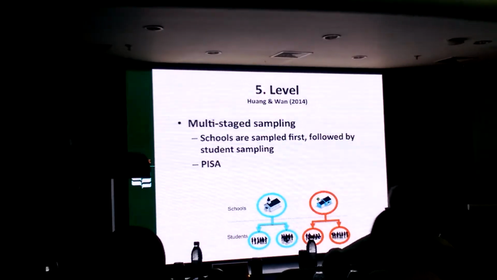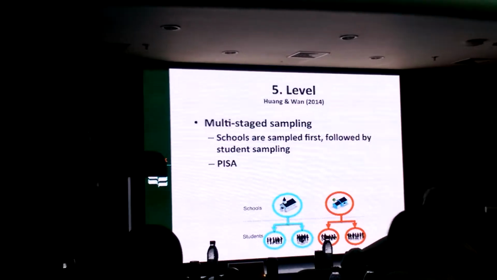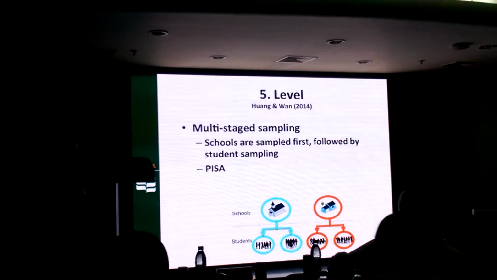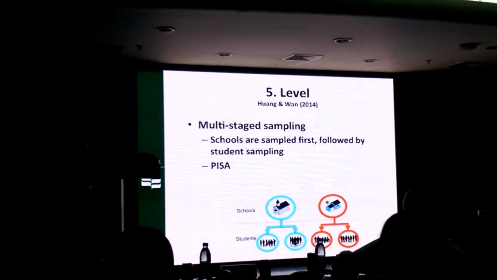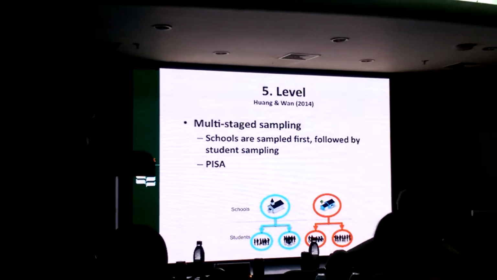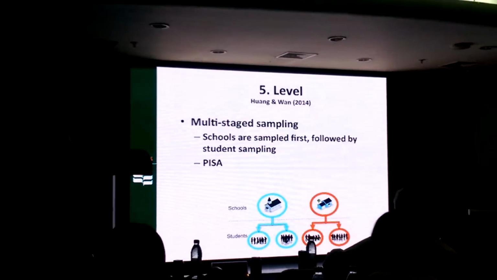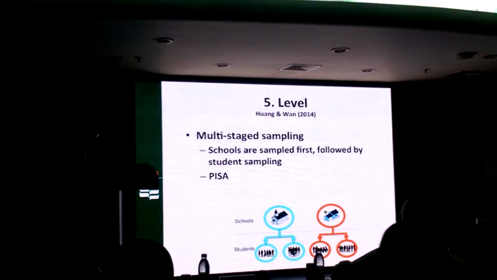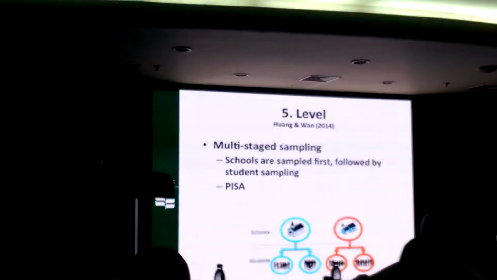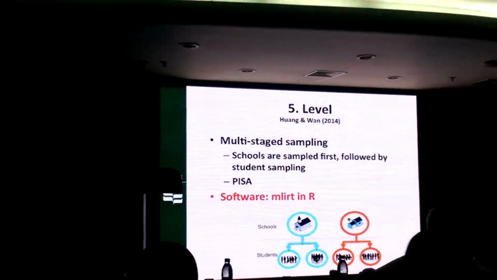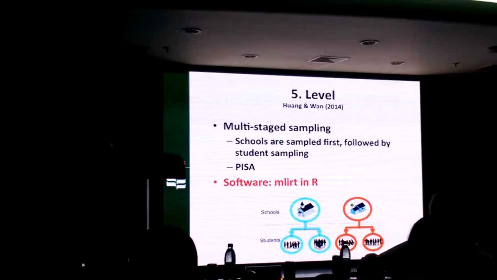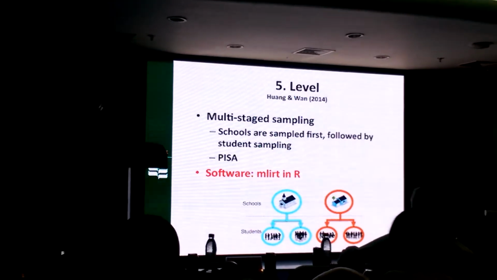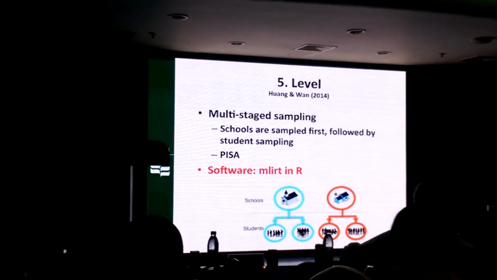So the students who come from the same school are usually more similar than students from different schools in terms of mathematical ability, language ability, science knowledge, etc. If that is the case, then we have to deal with this multi-level data structure. So there's a freeware, MLIRT, multi-level IRT in R. So once you have this kind of structure, then you had better take this seriously.